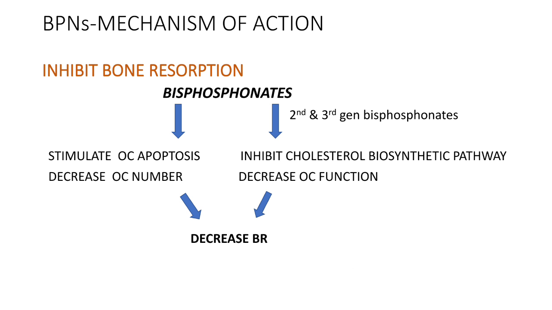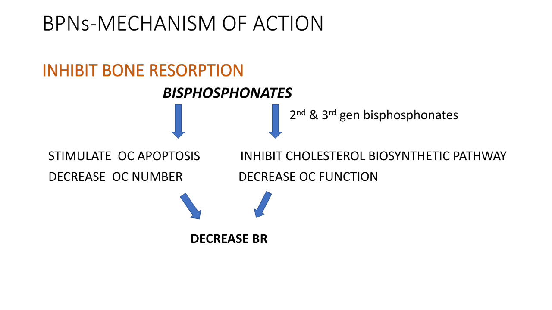Bisphosphonates act in two ways. One is by stimulating apoptosis of osteoclasts, thereby reducing osteoclast number, finally reducing the bone resorption. And second and third generation BPNs inhibit cholesterol synthetic pathway, thereby lowering the osteoclast function, leading to reducing bone resorption.